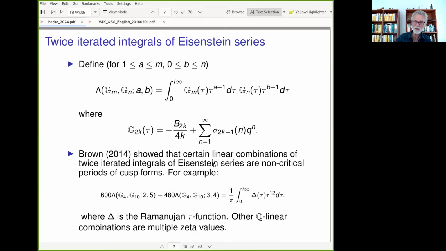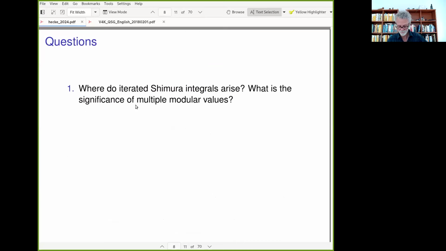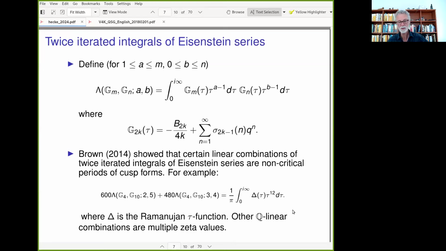It explains various things that had not been previously explained, like certain congruences in the depth graded quotients of multiple zeta values, for example.